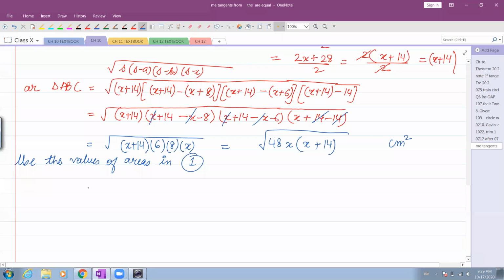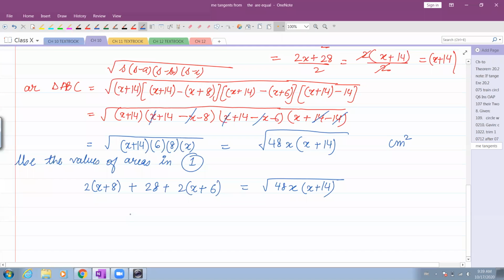Let's use the areas. We've got twice x plus 8 plus 28 plus twice x plus 6 equals to square root of 48x into x plus 14.